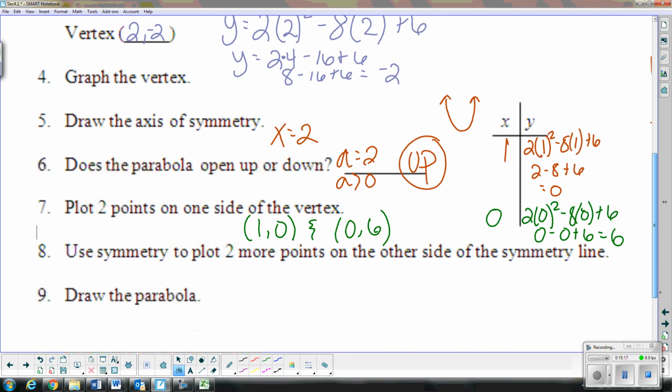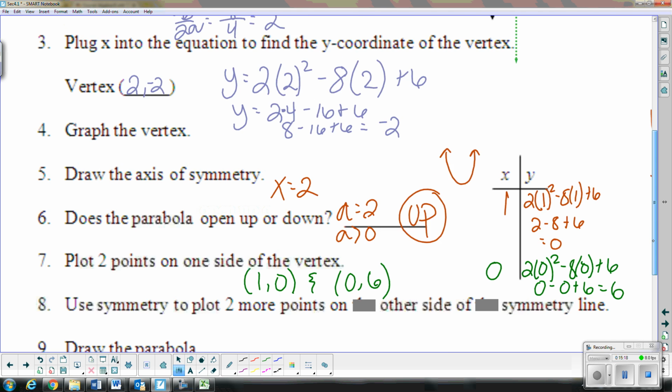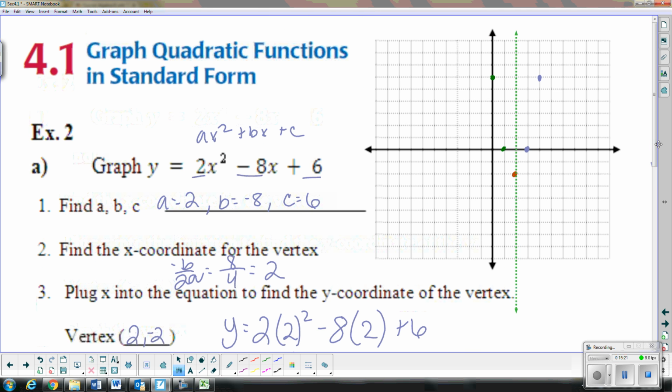And then lastly, I'm going to actually draw in my graph. And it goes forever this way. So this point right here, this is my minimum value.